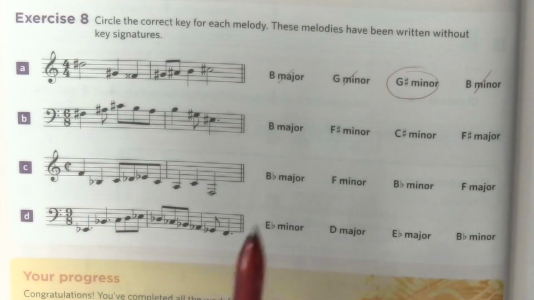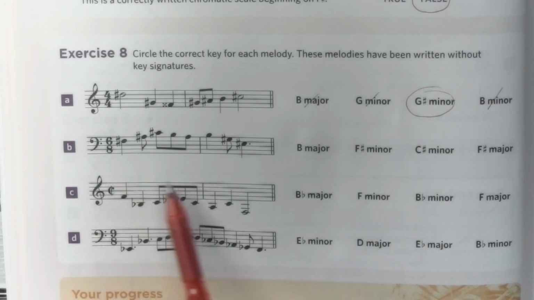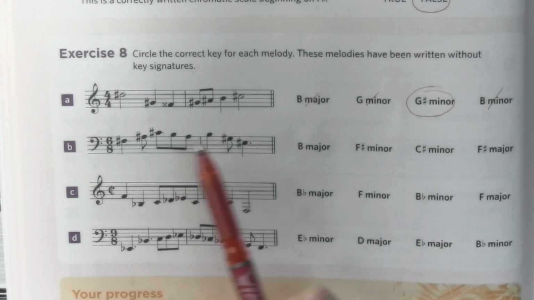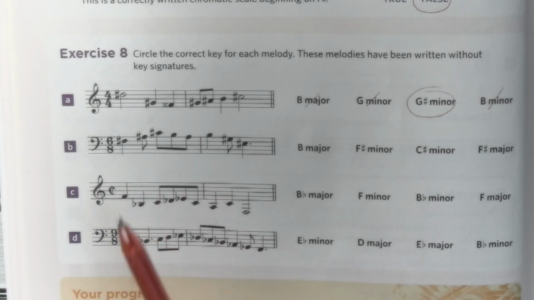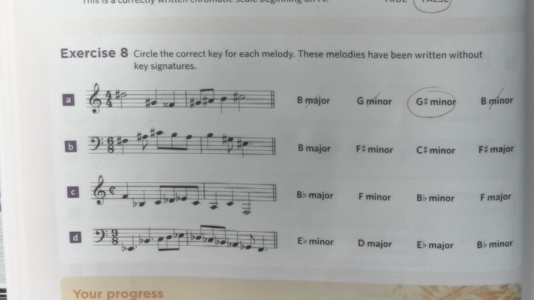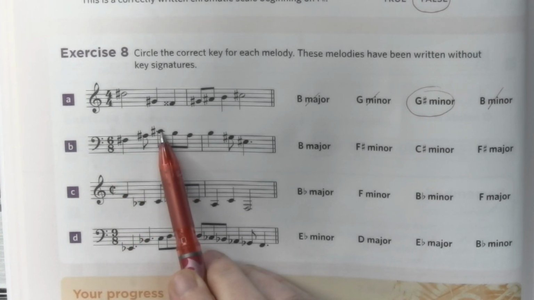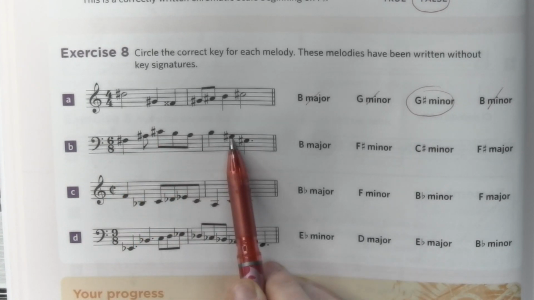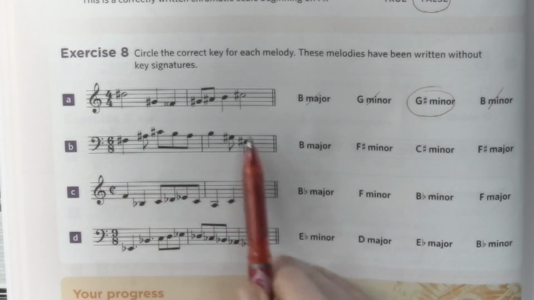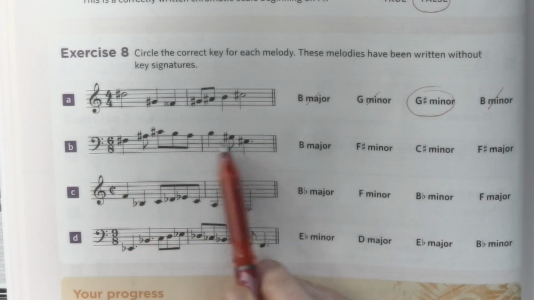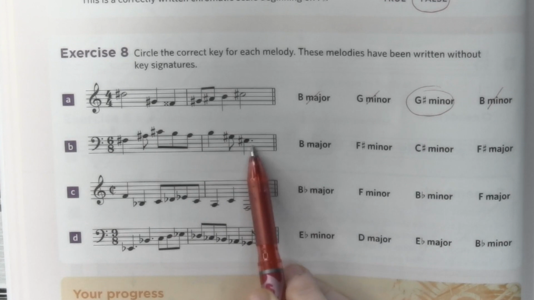I hope this makes sense. In this second example, we have sharps, several sharps. Let's see if we can figure out what the last one is, because if we know the last one, we are in a good position. So, fa, do, sol, re, this note is not included in the melody, la, mi.